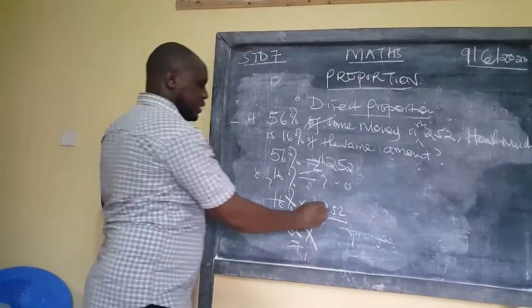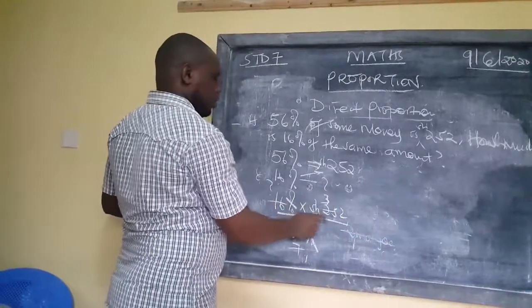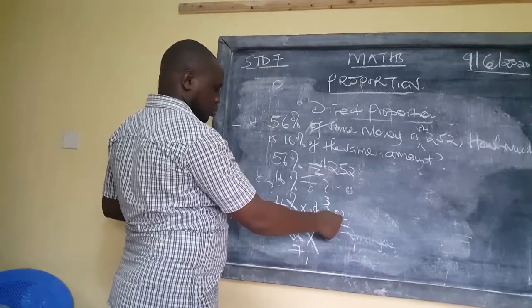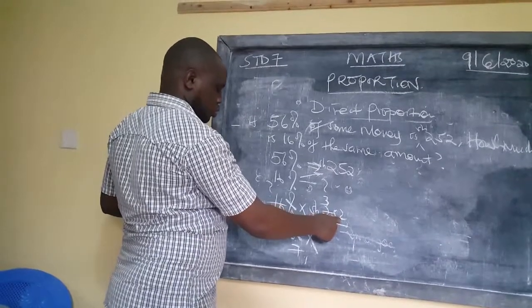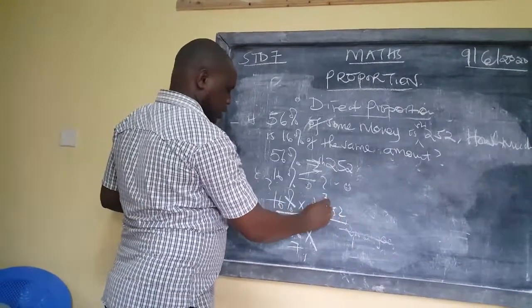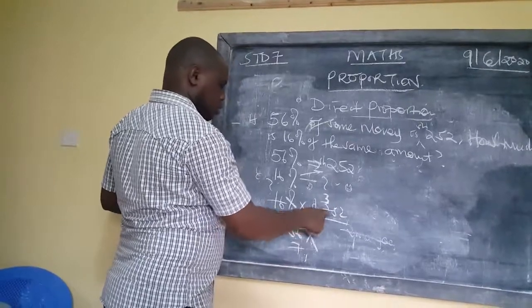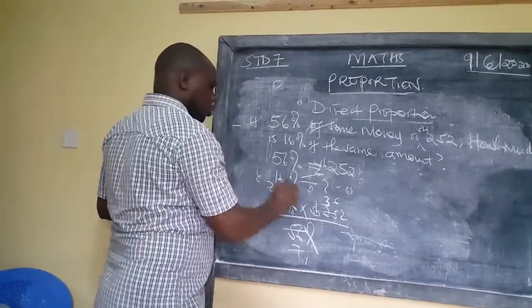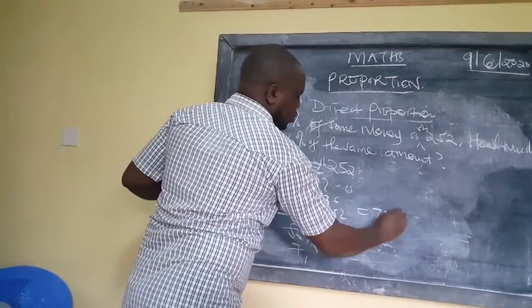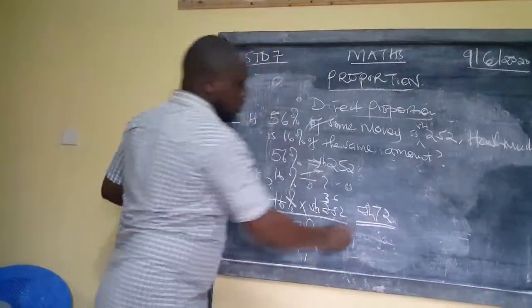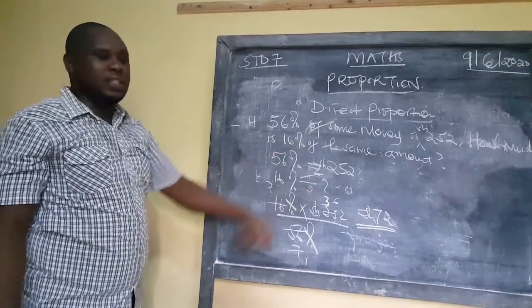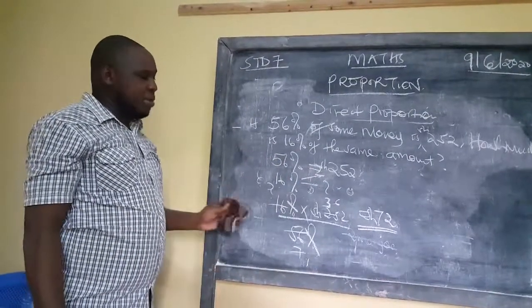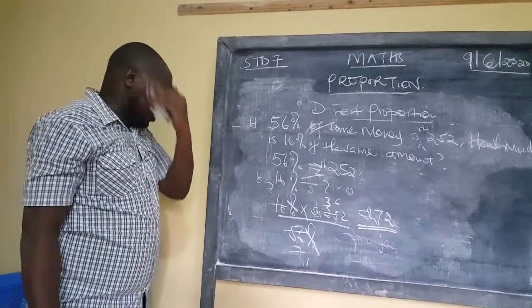By 7, 1, by 7, 3. So that's 6 times 12, which will give you 72 shillings. So 16% of this amount is 72 shillings. So we are comparing directly, you can be able to see how we are doing it.